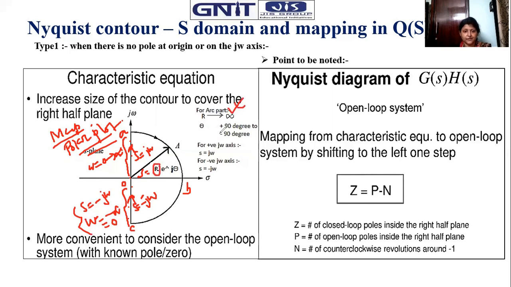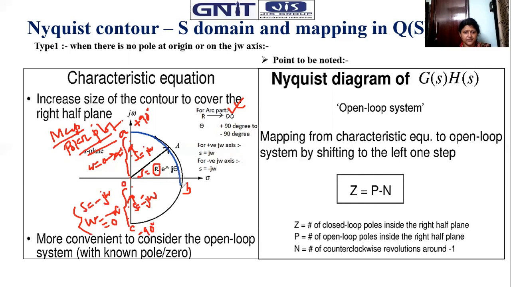We will put s equals minus j omega for that part, and s equals j omega for this part. The range of omega is from 0 plus to positive infinity for s equals j omega, and the other is just the mirror reflection. So while we take this part, mapping will be done.